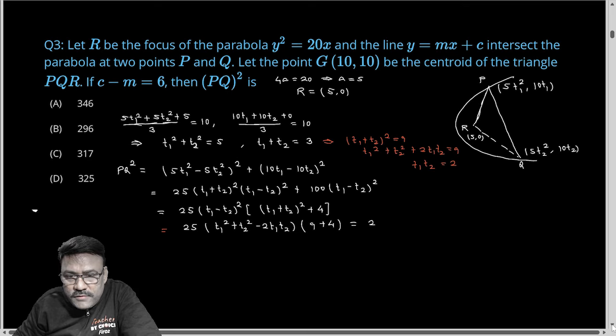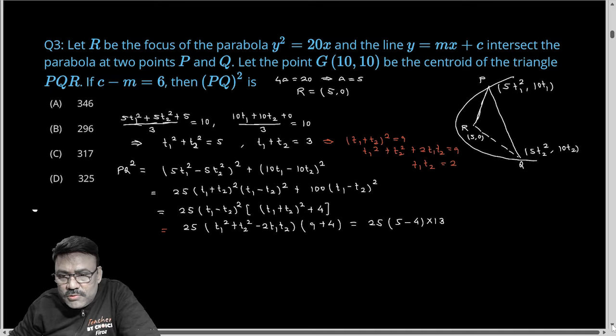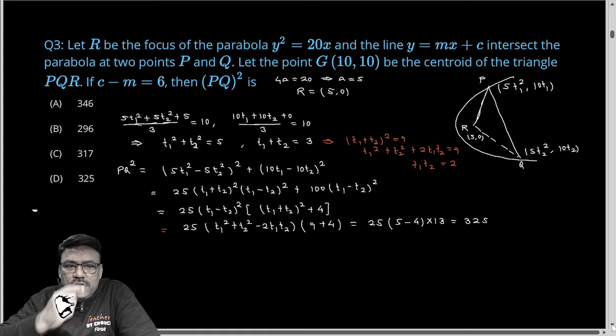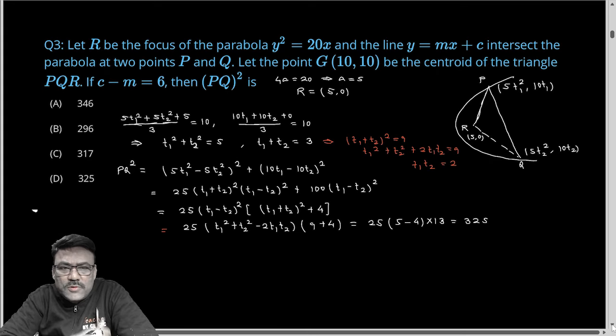Now it is 25 times, t1 square plus t2 square is 5, 2 t1 t2 is 4, into 13. So basically you are getting 25 into 13, which is 325. So 325 should be the correct option here.